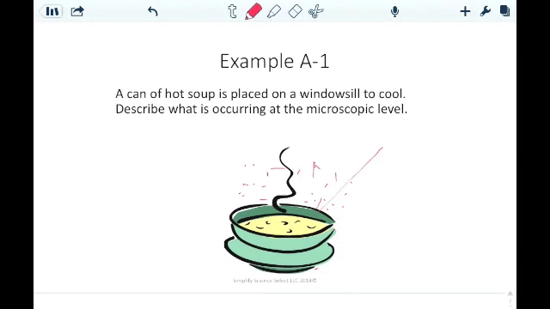They eventually end up hitting some of the soup, and so it transfers the energy. The hot soup will hit into the air molecules, and the air molecules will speed up, and the soup molecules will slow down, and so that's what we're looking for.